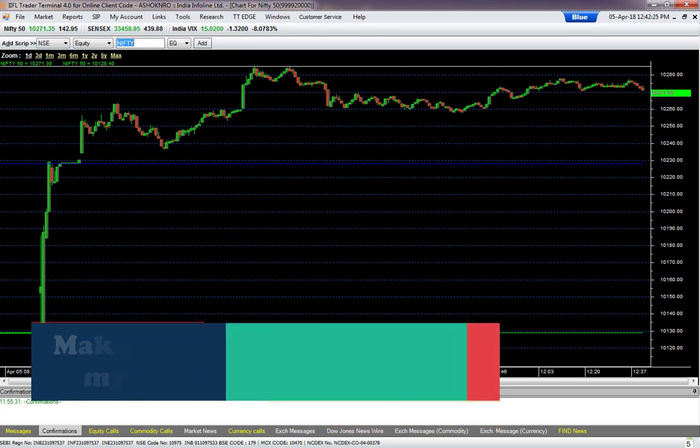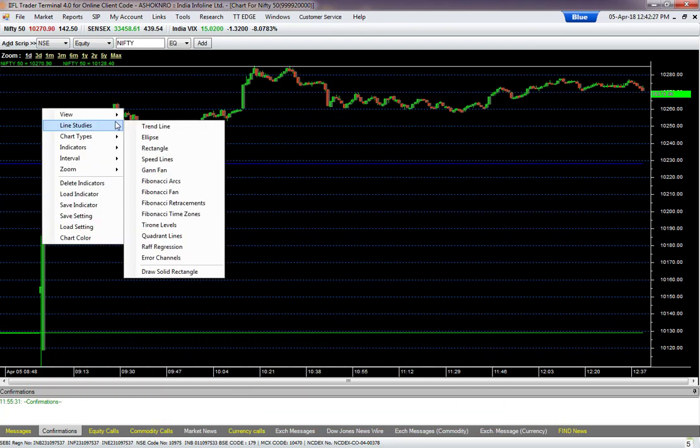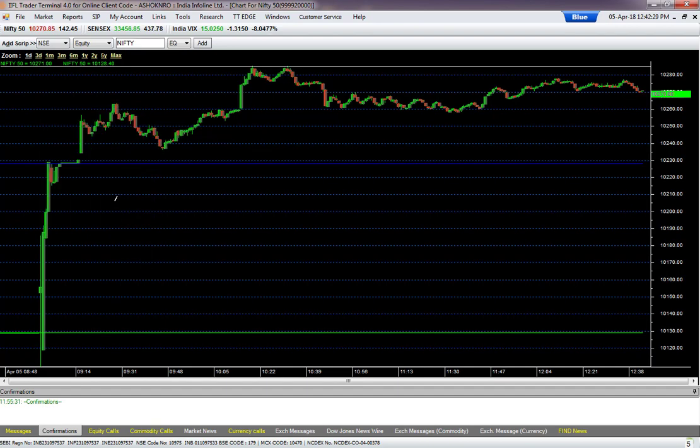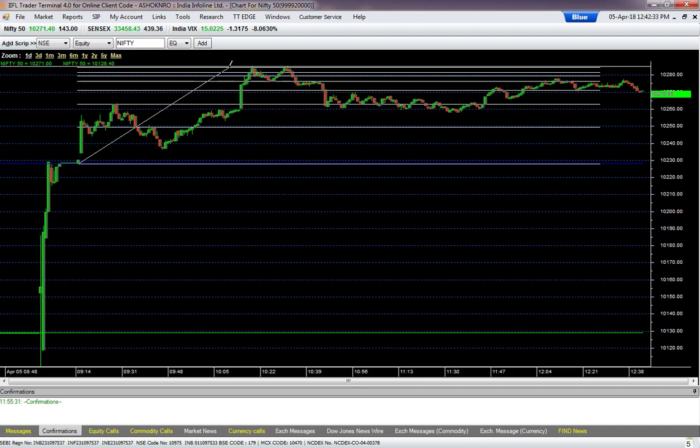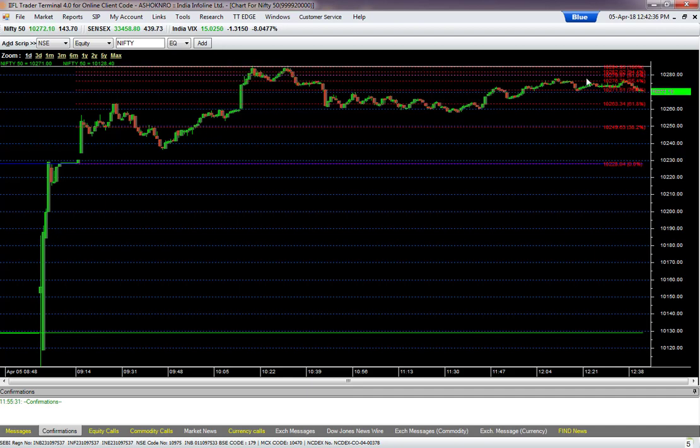See, this is the Fibonacci retracement which we had drawn in the beginning for the live chart. Here we have drawn it, and look at this, it has come to 76.4%, 61.8%, and it has taken support and scaled higher.